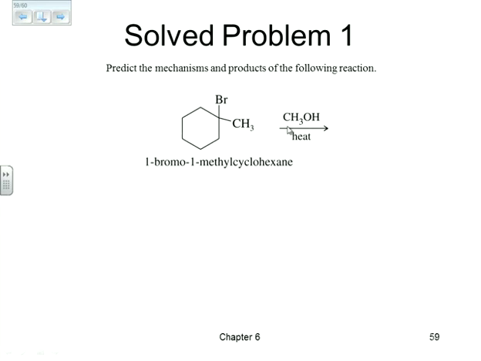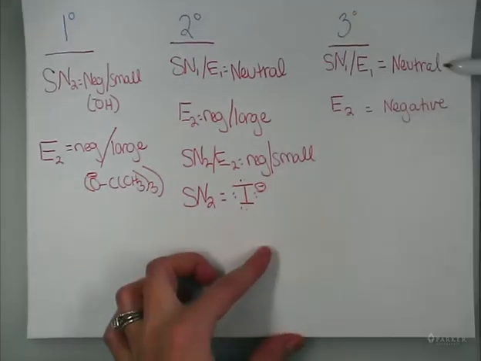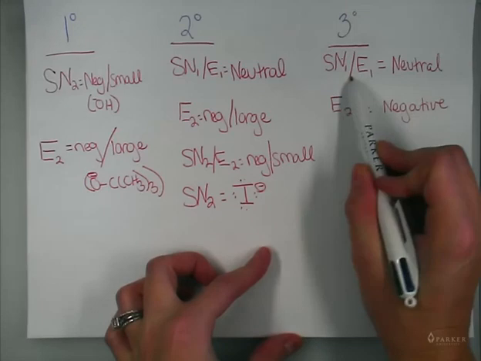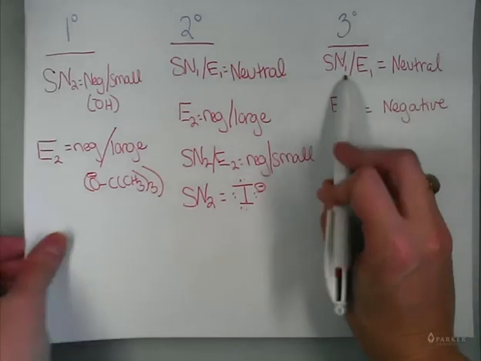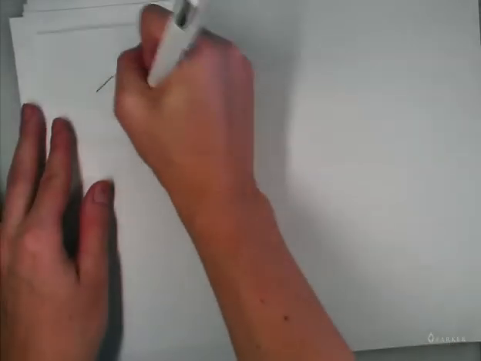Neutral. So we have tertiary, neutral. So we come over here. Tertiary, neutral. What's the answer? SN1E1. Okay? So if I actually write out the answer to that one, let me remember what it looked like. It'd be like this.